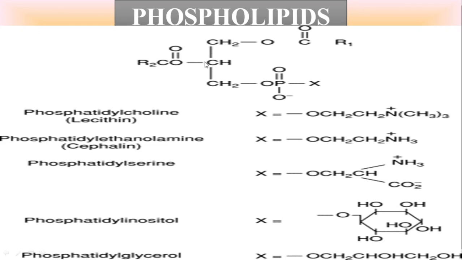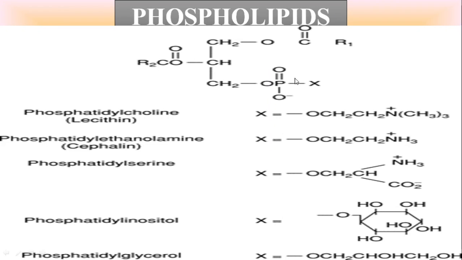Here you can see that this is the triglyceride, that is glycerol and fatty acid. So this is fatty acid and this is glycerol. Okay, here you can see the structure. This is glycerol and this is fatty acid. So other than these two, what else is present?